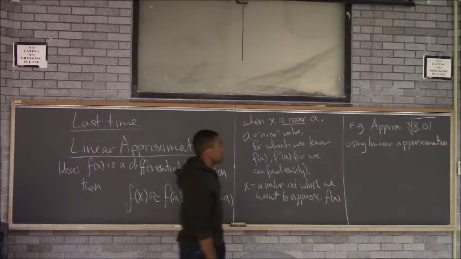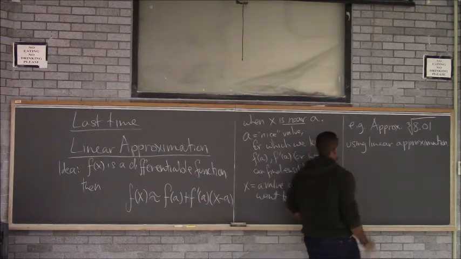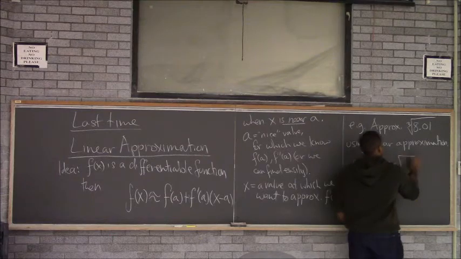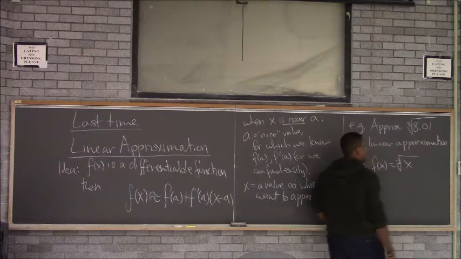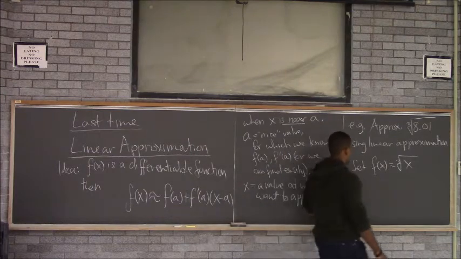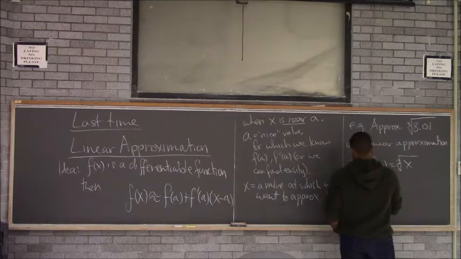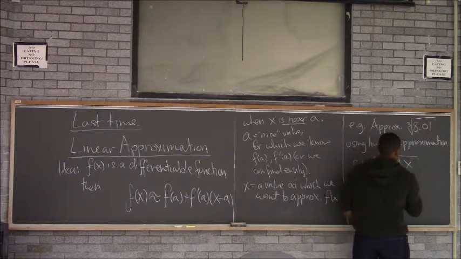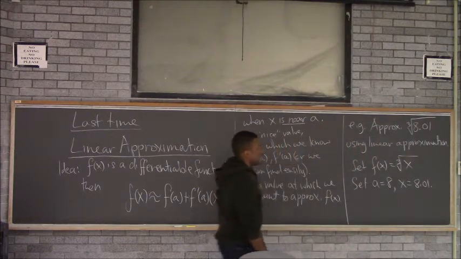I started by setting f of x equal to the cube root of x. That makes sense, you want to approximate the cube root of something, and we want f of 8.01. So set a equal to 8 since that's a nicer value, and we know that x has to be 8.01.